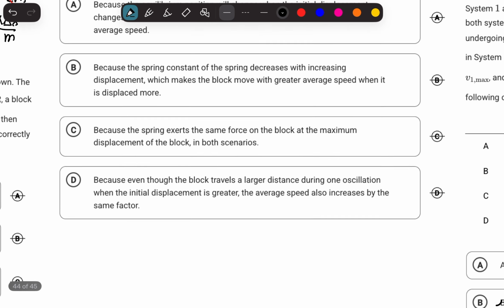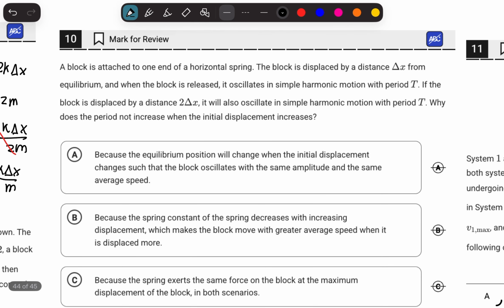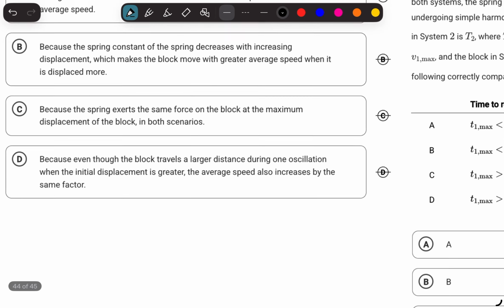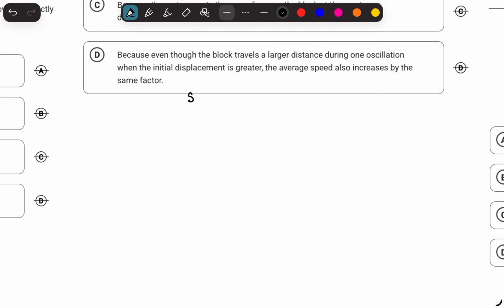So let's write what we just read. Block displaced delta x, then you have a period of T. Now again, if the block is displaced by 2 delta x, that means your period is still going to be equal to T. Now let's look at the period formula for spring motion.